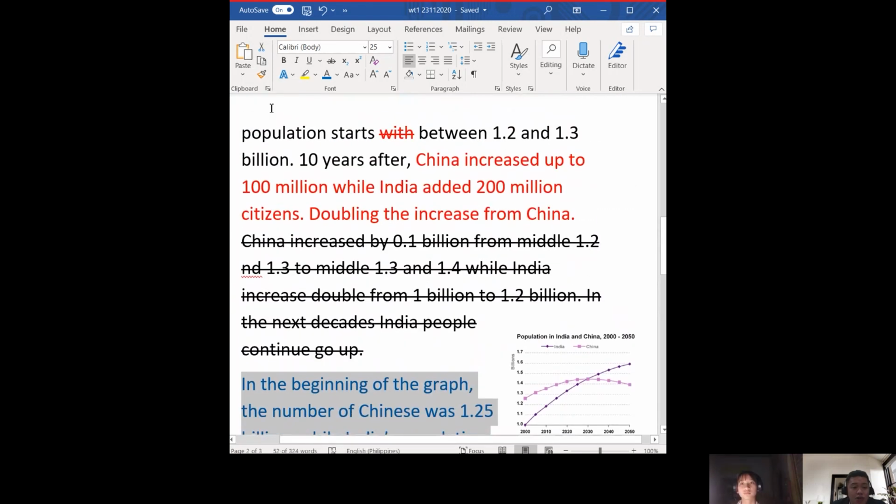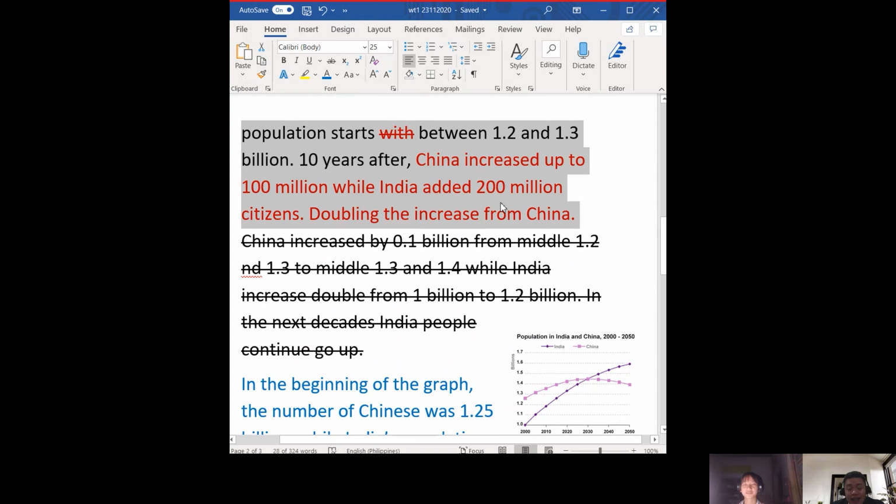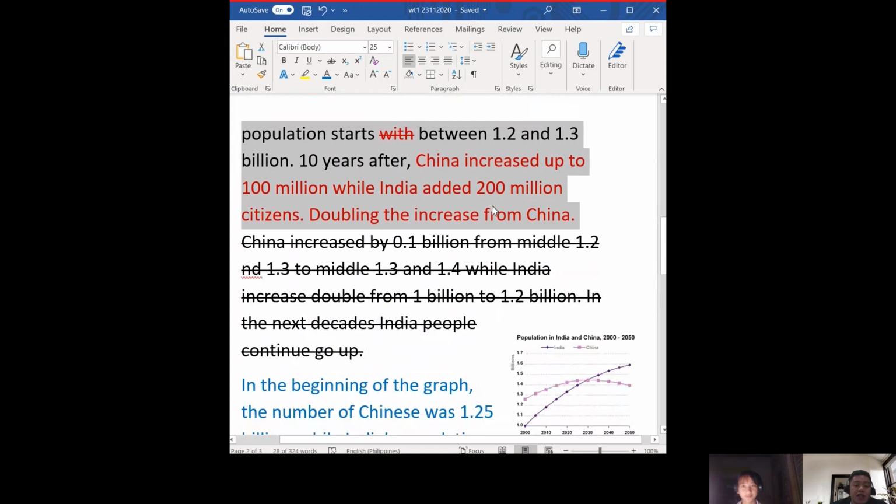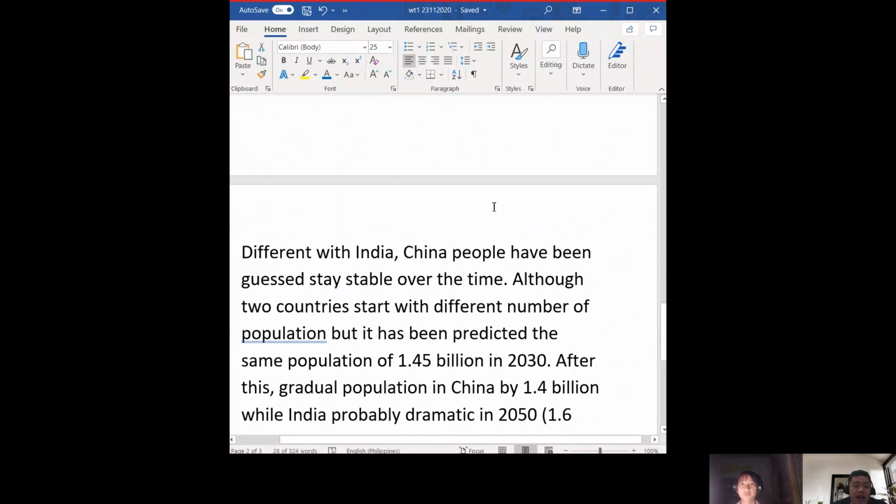This is what you're trying to do in here, right? Did I interpret it correctly? Do we have the same idea? Okay, so that could be your first paragraph.